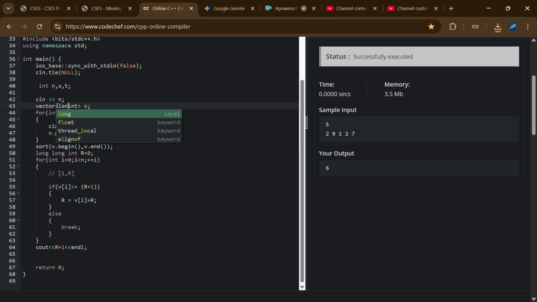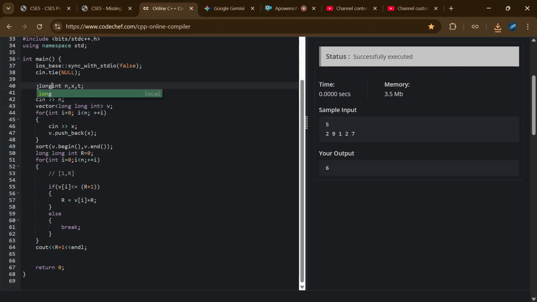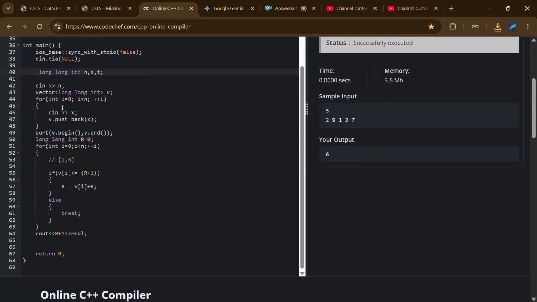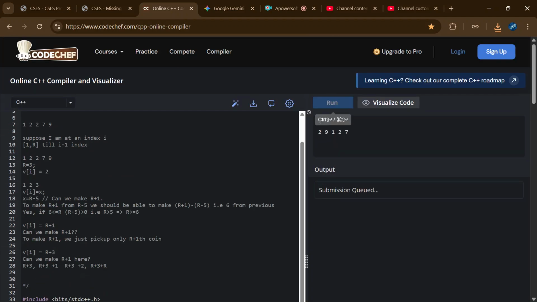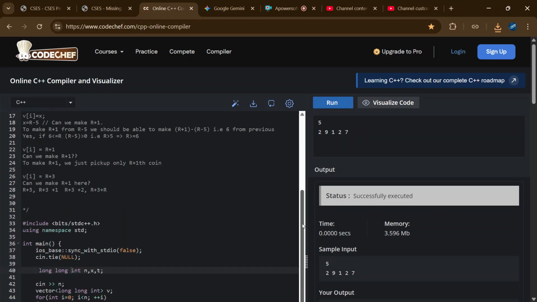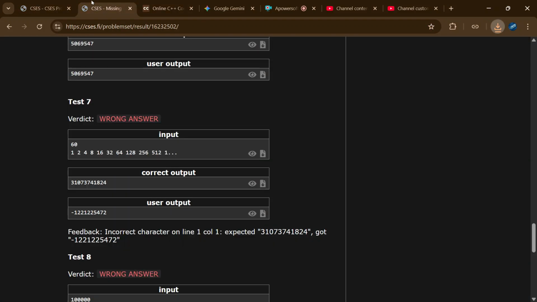Let me copy this test case. Let me change it here to long int, and I have to do it here also. Let me resubmit it and try.